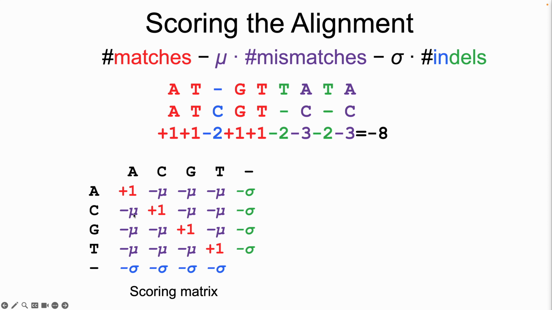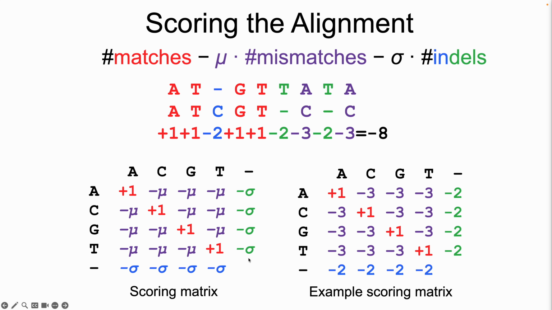The minus mu are if you have a nucleotide mismatch, then you've got these sigmas where that's a dash. So if you have to do an insertion in one or the other, in our example, we've given them all zeros. But you could do something like this, where a mismatch between nucleotides is less likely, so you give it a more negative score than an insertion deletion, okay?